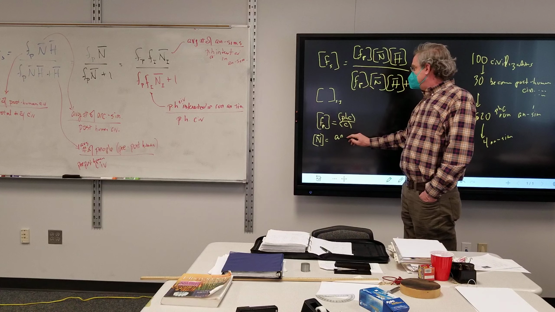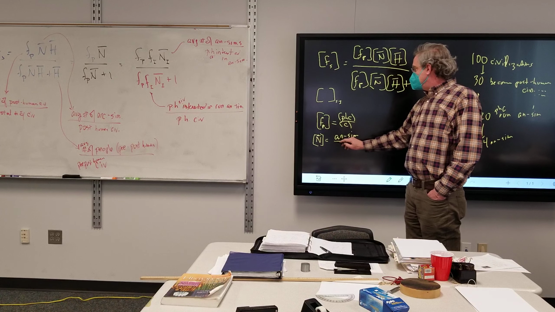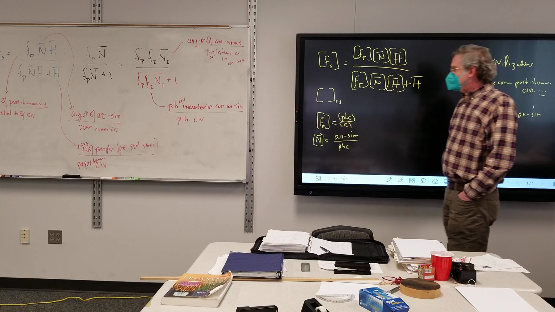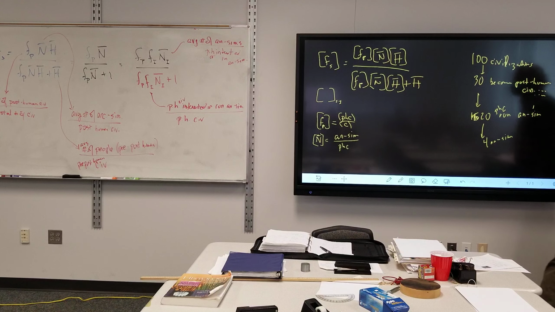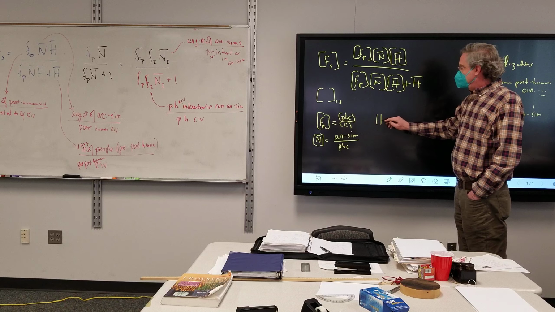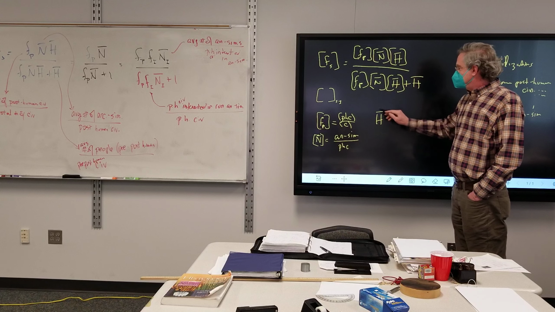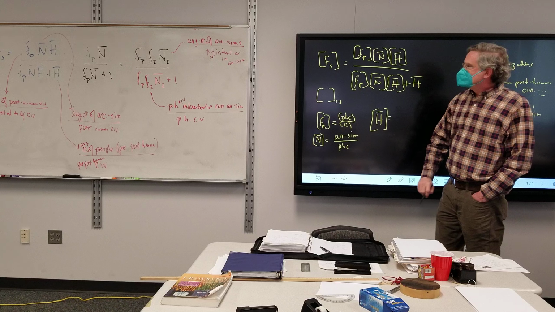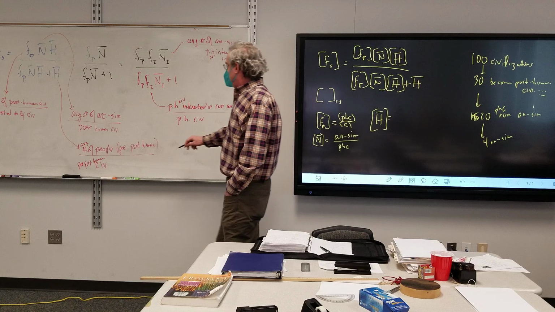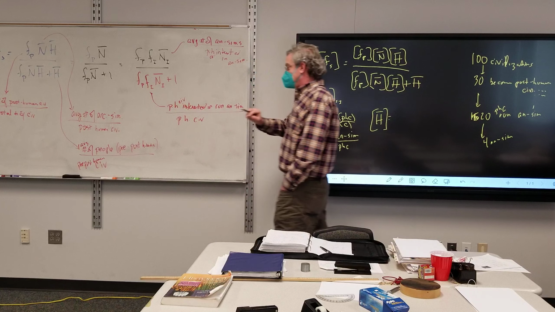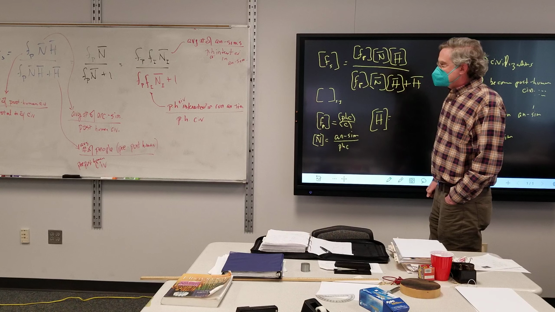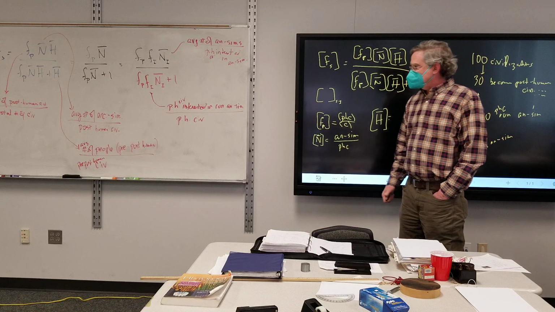I'm just going to call it ANSIM per post-human civilization. And H bar, which is the average number of people that lived in a pre-post-human civilization.